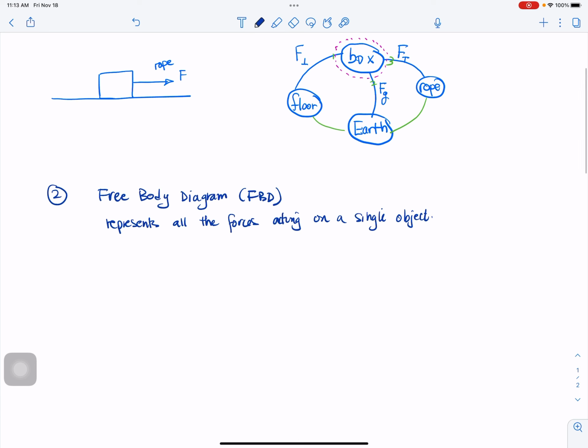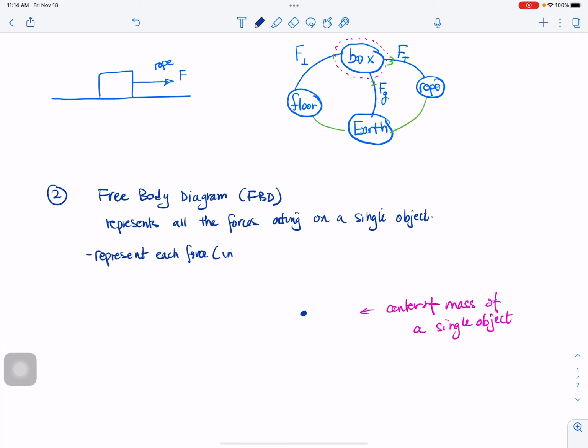Your free body is a dot. This dot represents the center of mass of a single object. In this case, it will be the box. There are 3 interactions on my schema, so I have to have 3 forces on here. When we're building our free body diagram, we represent each force with an arrow.